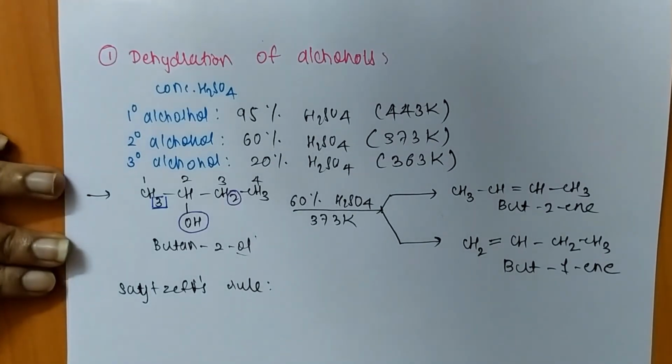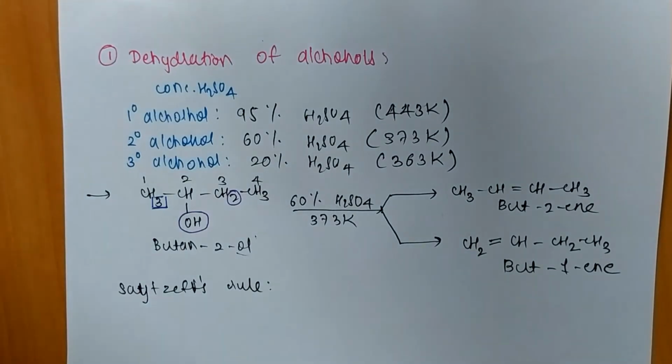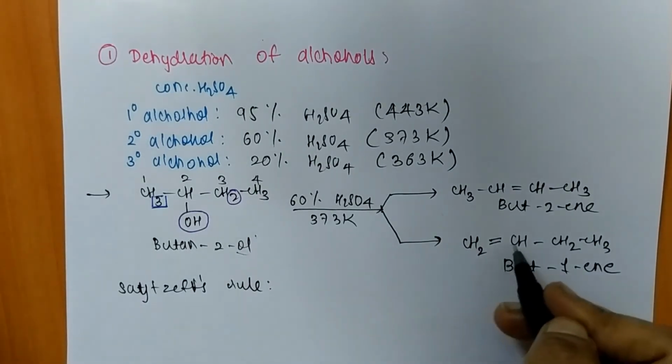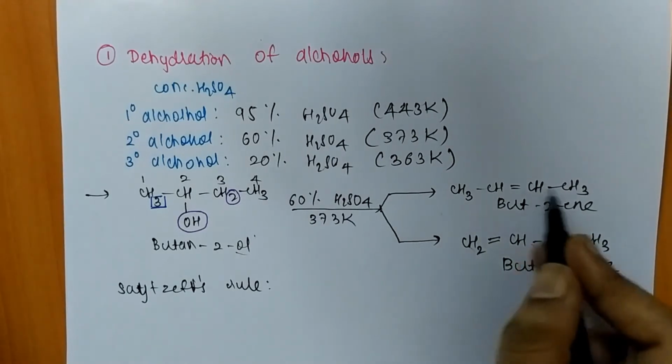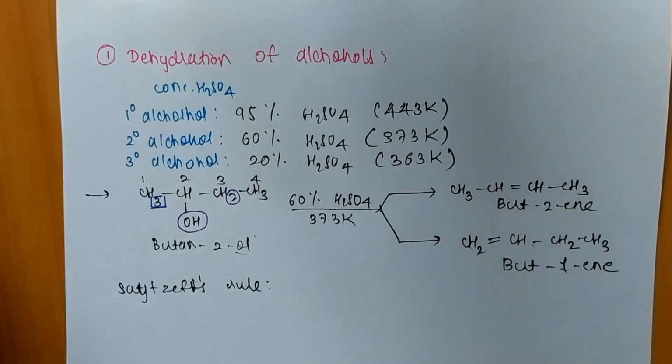Now as per this rule, more substituted alkenes are called the major products. Okay, the major products which are formed are the more substituted alkenes. So if you see here, the alkene is less substituted as compared to that of the but-2-ene.